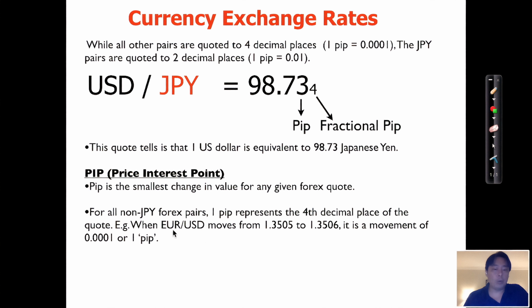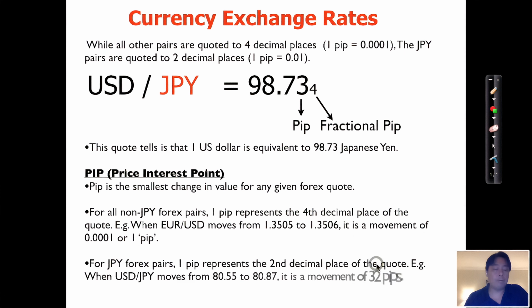So when the Euro USD moves from 1.3505 to 1.3506, it's a movement of 1 pip or 0.0001. For yen forex pairs, 1 pip represents the 2nd decimal place of the quote. When the dollar yen moves from 80.55 to 80.87, it's a movement of 32 pips. Just reiterating what I just said. I hope you're clear at this point in time.